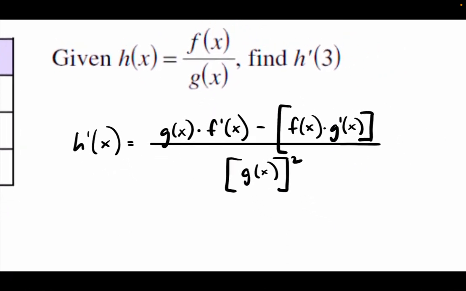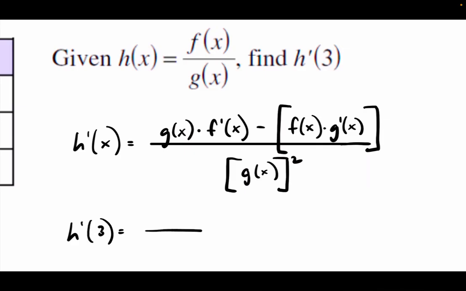That is the quotient rule, like we've used many, many times. So now that's h prime, but they want h prime of 3. Just plug in 3 everywhere there's an x.